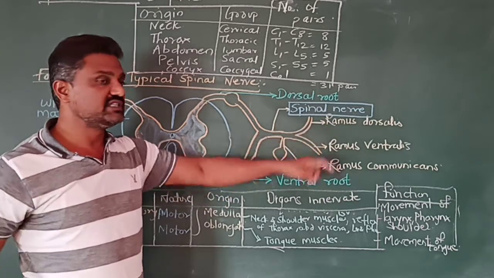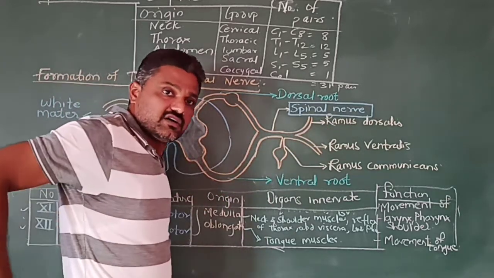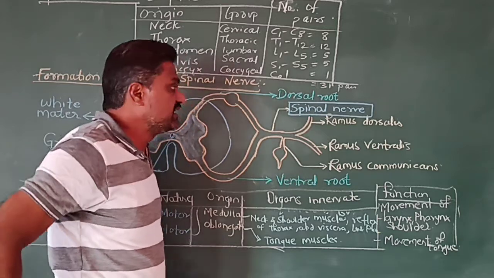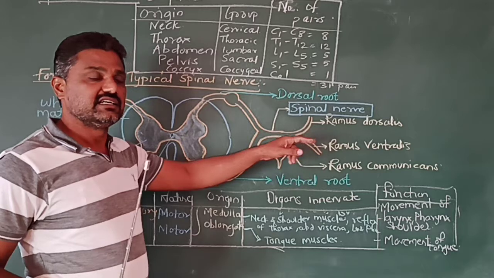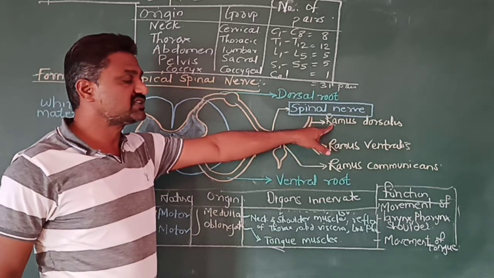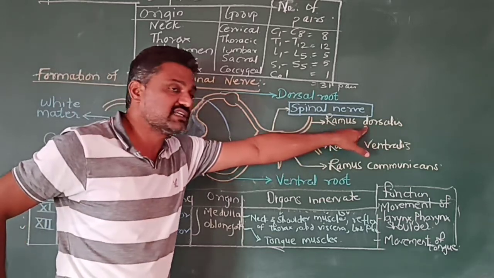The branch which goes towards the dorsal region or posterior side, towards the back muscles and the skin, is called the ramus dorsalis. The ramus dorsalis innervates the muscles and skin of the dorsal side.